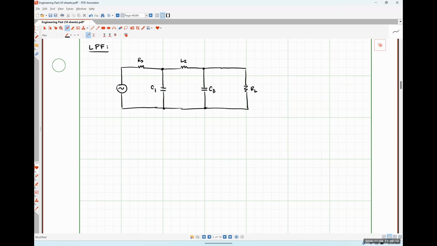Say that louder, please. I don't know what you mean by geometry, but effectively everywhere we have a capacitor, we're going to replace it with an inductor, and everywhere we have an inductor, we're going to replace it with a capacitor, right? So for a high pass filter, our circuit would look something like this.